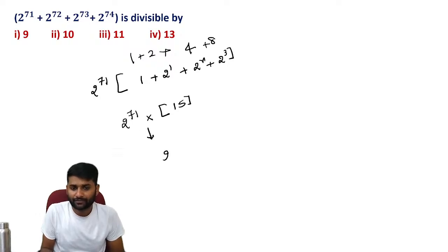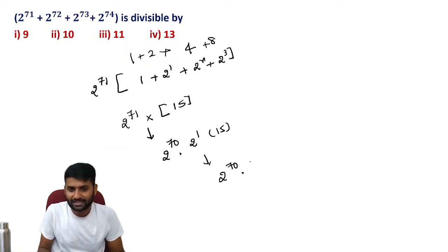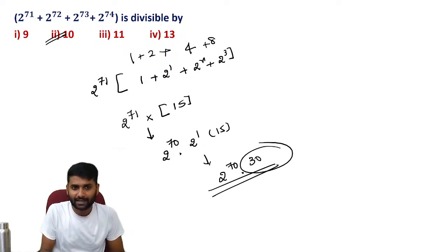Let's go through one more piece of information. 2 power 71 can be written as 2 power 70 into 2 power 1, into 15. So you can simplify in this way. The value can be written as 2 power 70 into 30, and you already know that 30 is exactly divisible by 10, so the entire result is always divisible by 10.